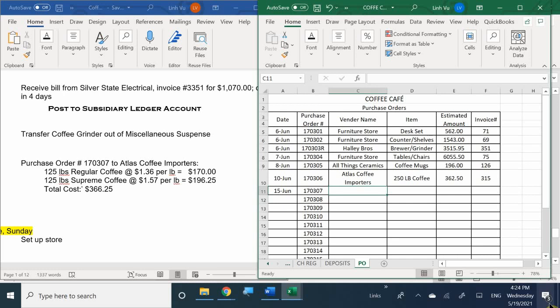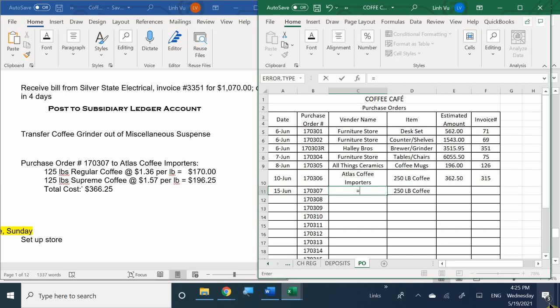So we bought a total of 250 pounds of coffee again. Do we just write that down, or do we go specific on regular and Supreme again? Your choice. In this case, we didn't break it up earlier, and because if I open a box and I see coffee, that's good enough.